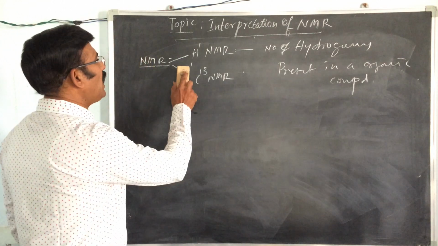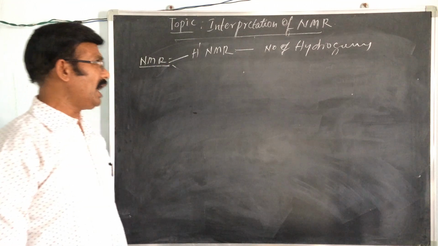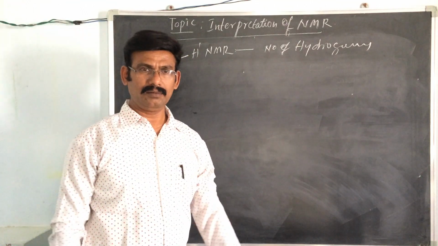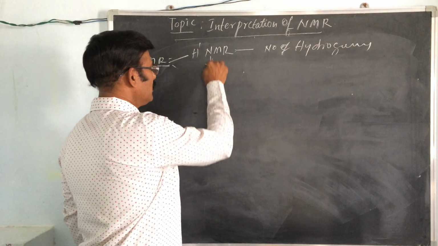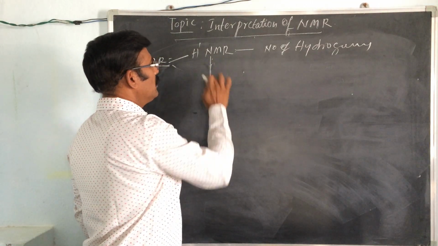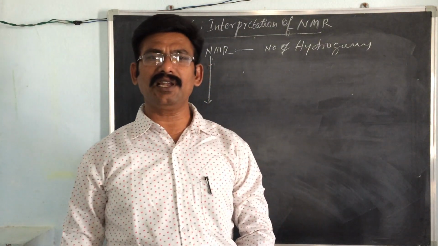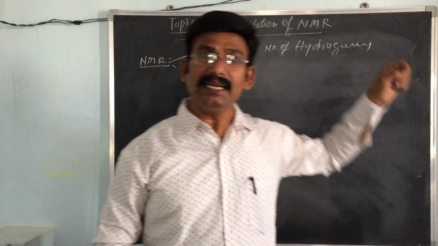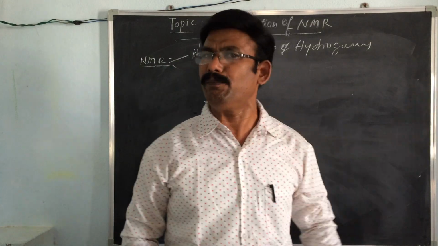Now we are studying only proton NMR. Proton NMR means identification of the number of hydrogens present in a given sample or in a given organic compound.